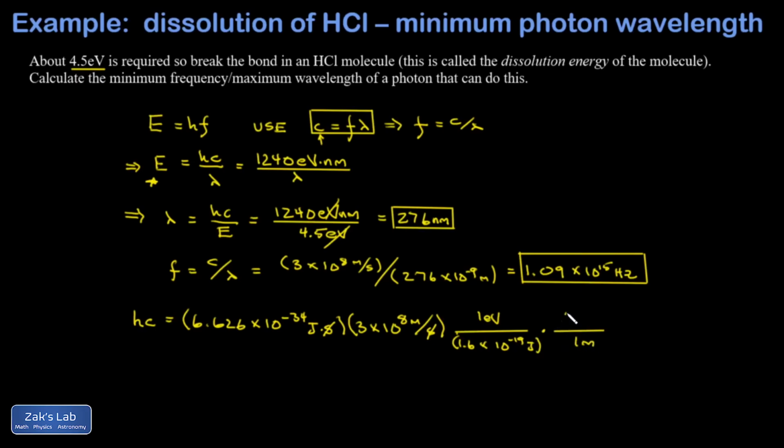And there's 1 meter for every 10 to the 9 nanometers. And we smash all the numbers into a calculator. And just keeping one extra digit of precision here, I get 1242 eV nanometers. But generally, when you see me use this in a problem, I'm going to quote it as 1240 because it's close enough for us.